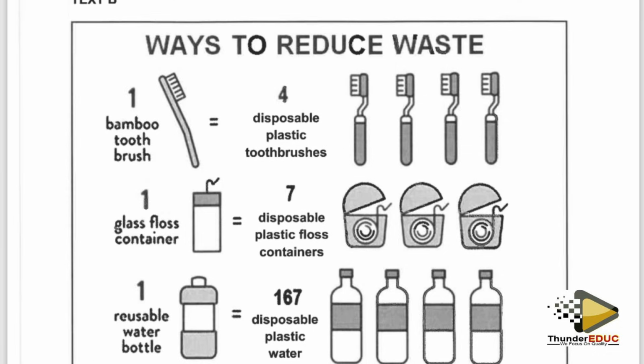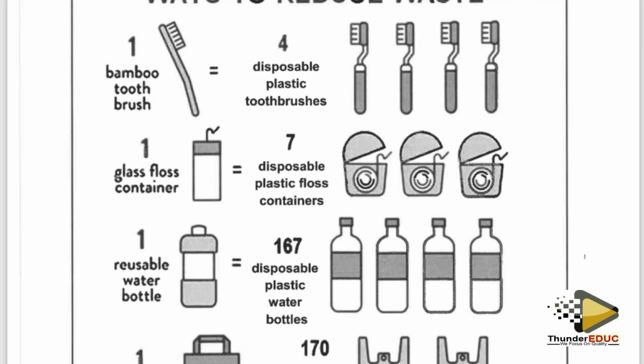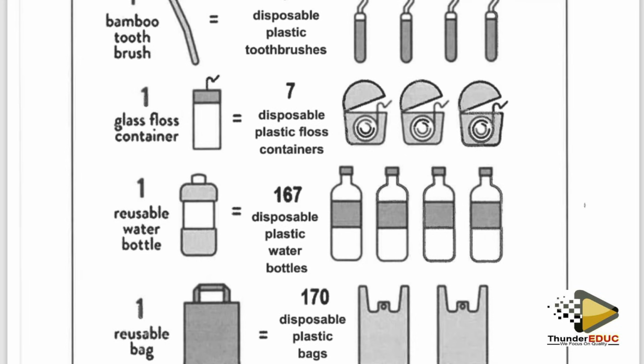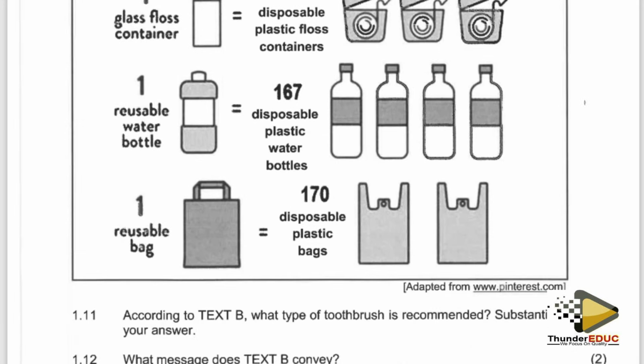So now they are showing us ways to reduce waste. Let's use 1 bamboo toothbrush instead of buying disposable toothbrushes. Let's avoid disposable plastic floss and just buy 1 glass floss. Let's avoid disposable plastic water bottles and buy 1 reusable water bottle. Let's avoid disposable plastic bags and just buy 1 reusable bag.